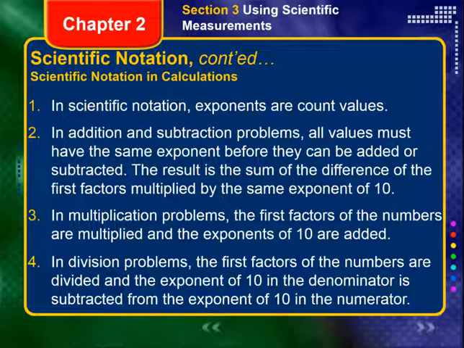In multiplication problems, the first coefficients or factors of the numbers are multiplied and the exponents of 10 are added, right? But in division problems, again, the coefficients of the numbers are divided, but then the exponent of 10 in the denominator is subtracted from the exponent of 10 in the numerator.